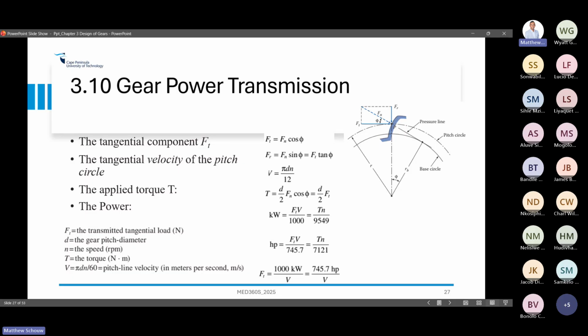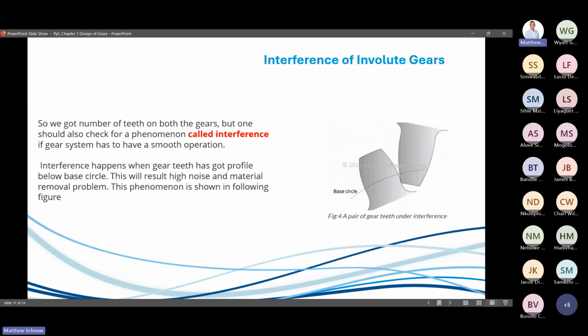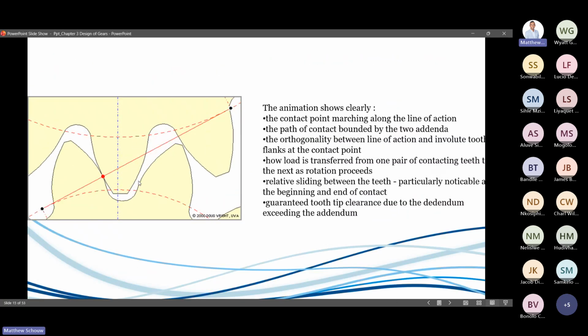But the important parts, again, there's your radius, your base circle. On the tip of the tooth, this is at this point, which I'll revert back to. Let me go back. You see that point there?